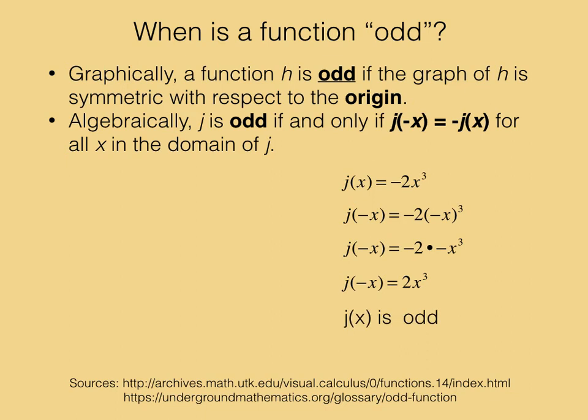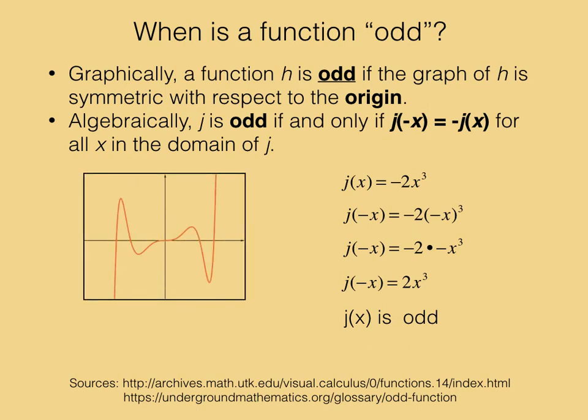Next, we'll look at the graph of a function and determine if it is odd. One thing you will notice is that as the left end tends toward negative infinity, the right end tends toward positive infinity. That's an indicator.